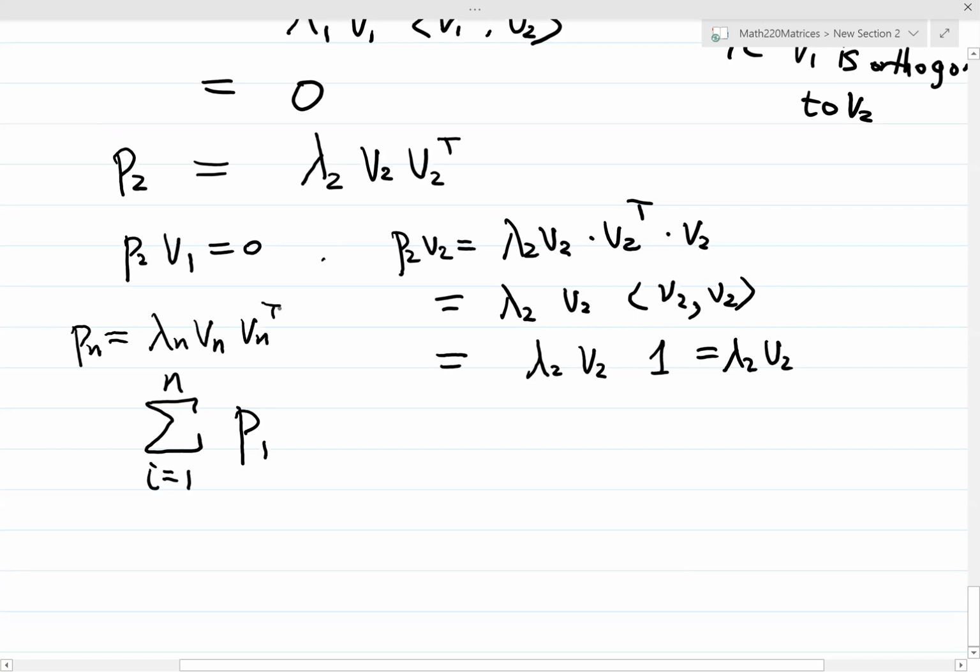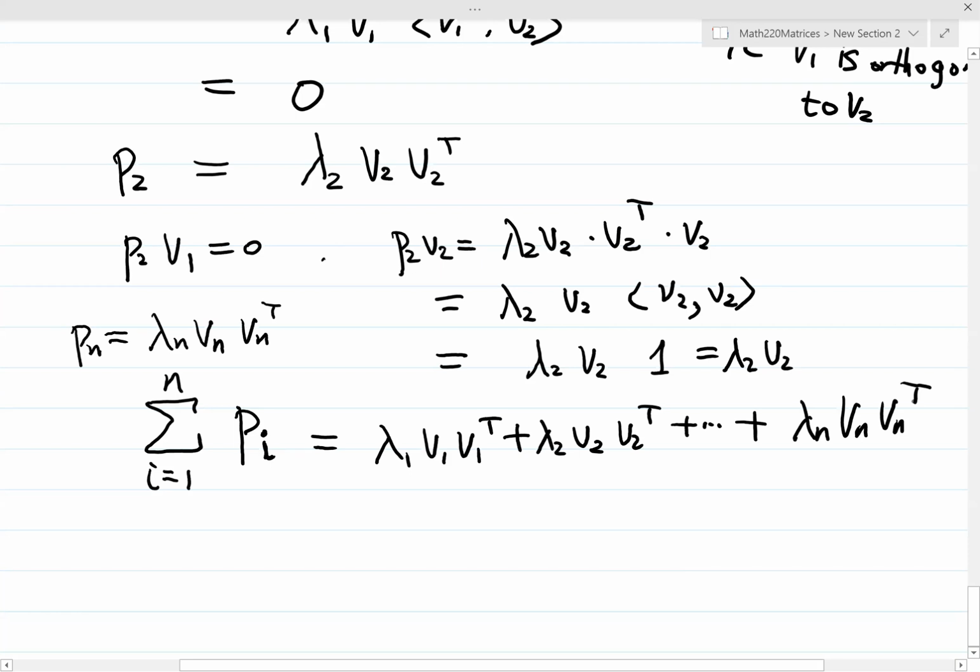If we add these projection matrices together, we get lambda 1 V1 V1 transpose plus lambda 2 V2 V2 transpose, plus and so on, plus lambda n Vn Vn transpose.